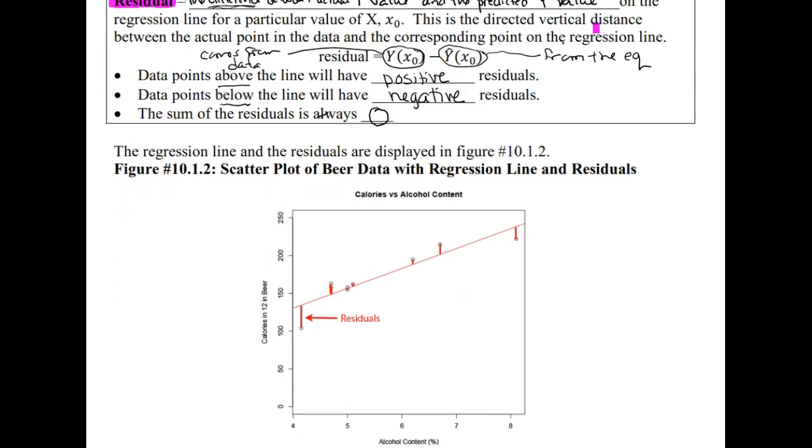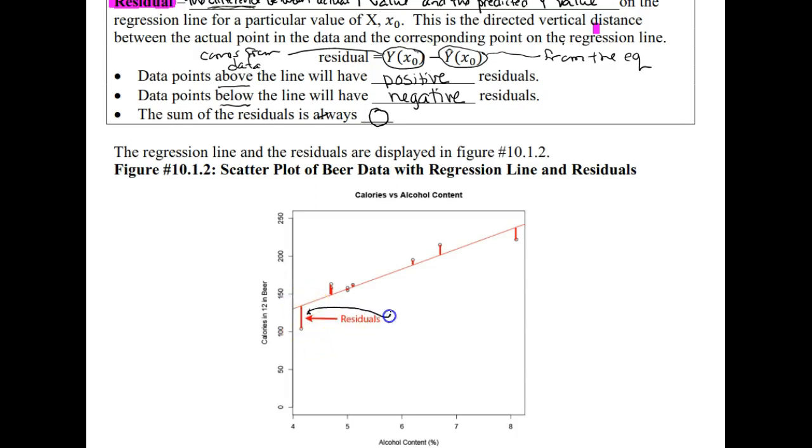Now if we take a look at the picture we had before with our scatter plot and the line of best fit that was on there, these vertical distances here are residuals. This residual here would be a negative residual.